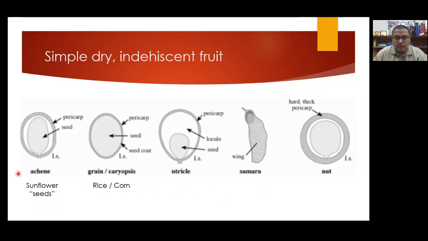In the samara, this is the wing, so the fruit wall has been extended into the wing. And in a nut, like a walnut, there is a thick, leathery pericarp. When you buy the walnut, usually they crack open the pericarp.